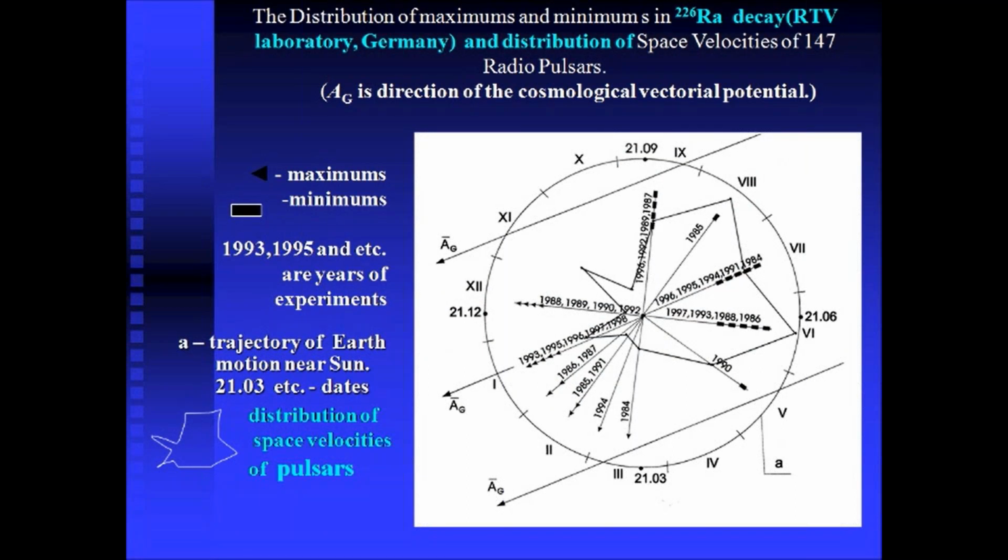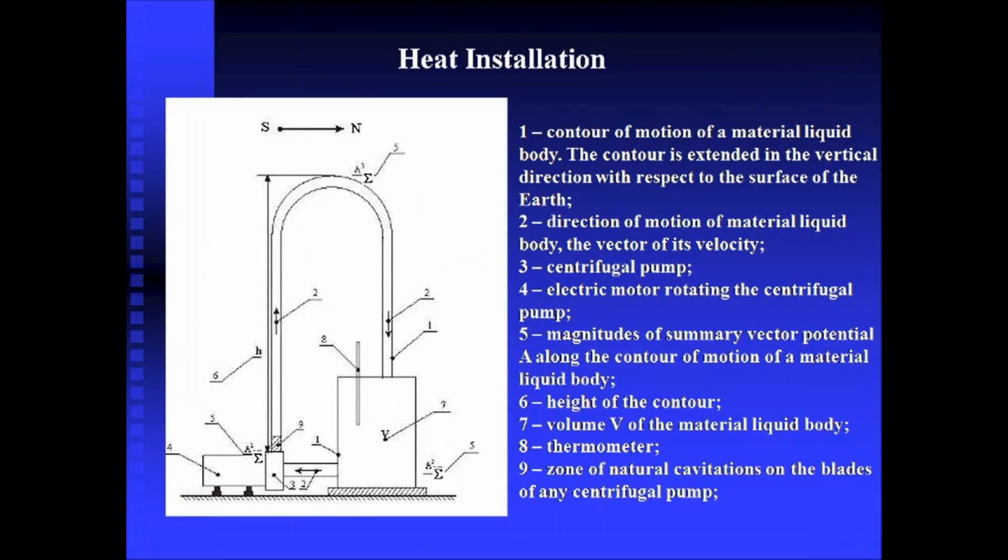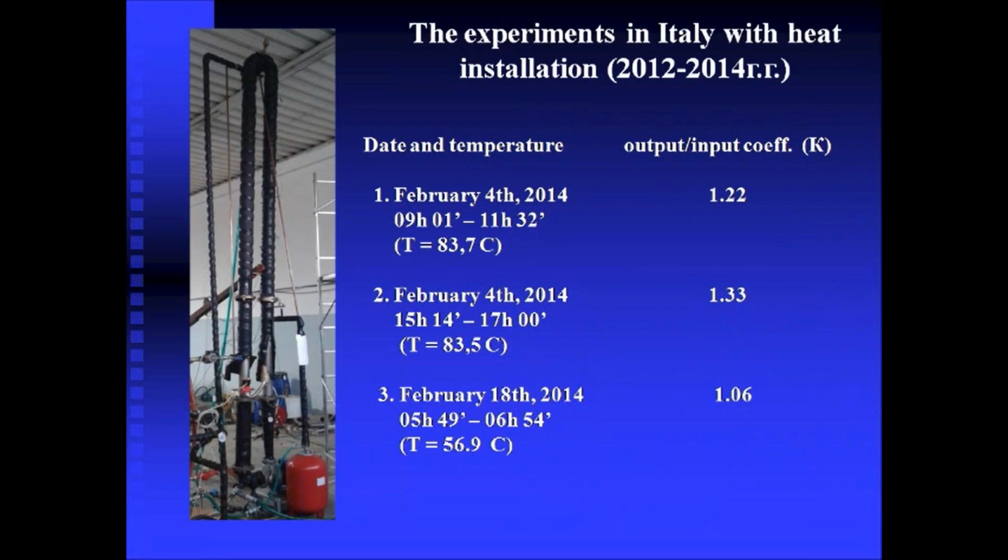You see a scheme of heat installation using a new force for getting hot water. This installation uses gravitation potential for realization of the new force action. You see the experiment's results with this installation in Italy.